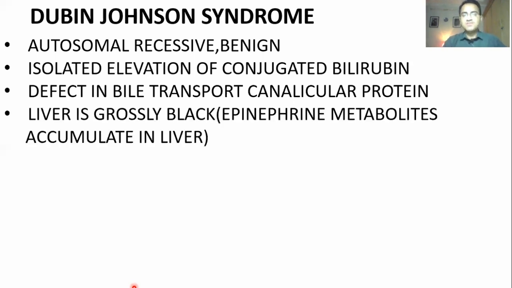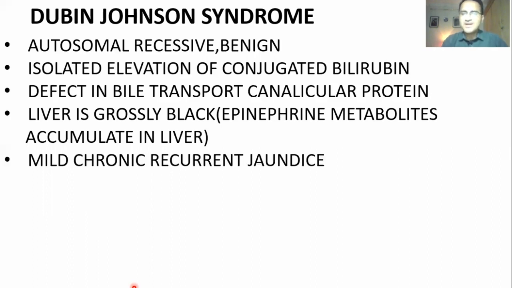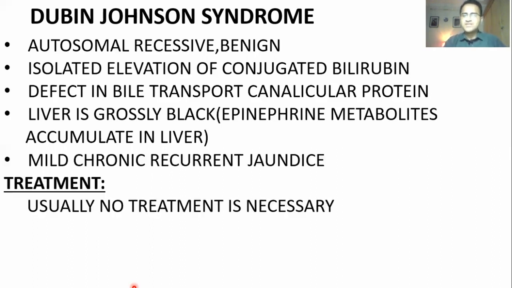Liver is grossly black, and the cause of liver being grossly black is due to the epinephrine metabolites that accumulate in liver. It is not the conjugated bilirubin causing the liver to be black. It is basically epinephrine metabolites that are also accumulating in liver in Dubin-Johnson. Mild chronic recurrent jaundice, treatment, usually no treatment is required.